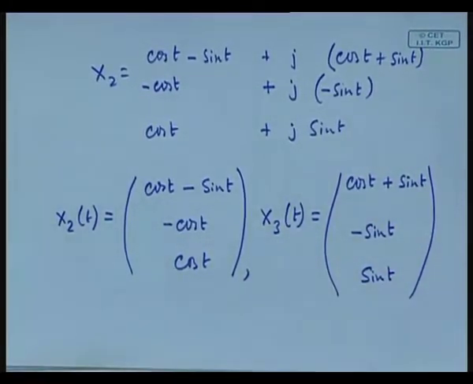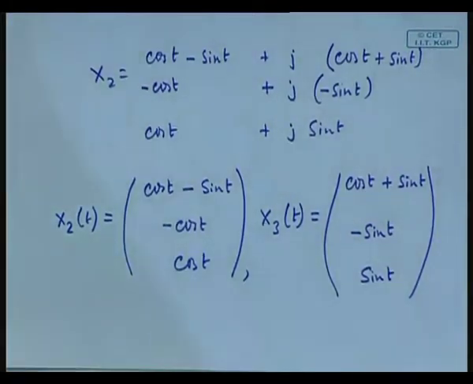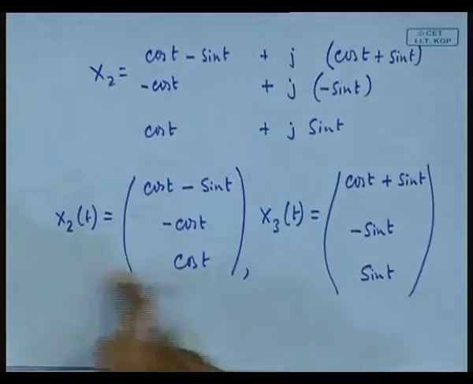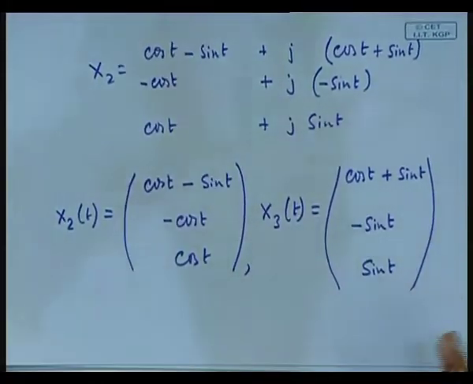Done. So, we have x 1 and we have x 2 and x 3. X 1 was this, and then we have x 2 and x 3. Now, just write down the final solution.